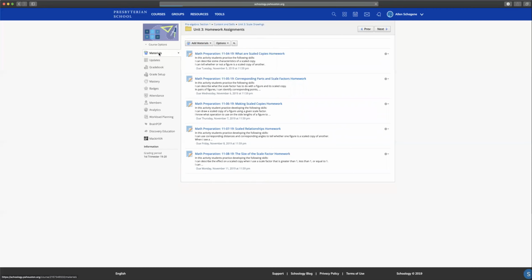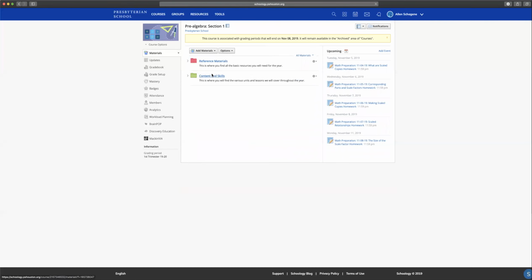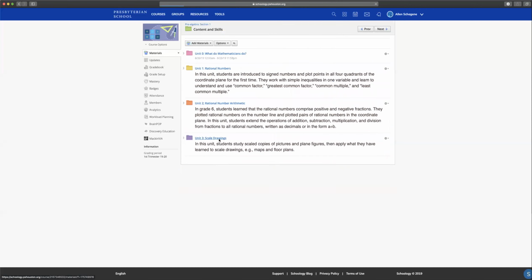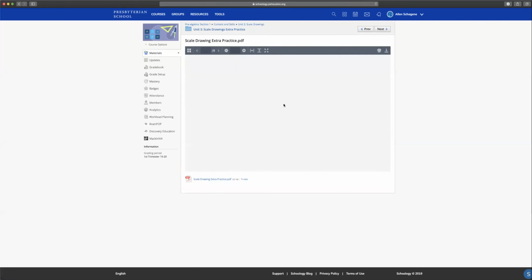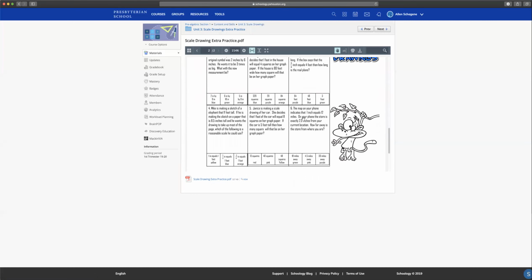And then our last thing in scale drawings will be extra practice. I know that some people have asked for some extra practice problems. So what I did is I tried to find things that would be feasible.